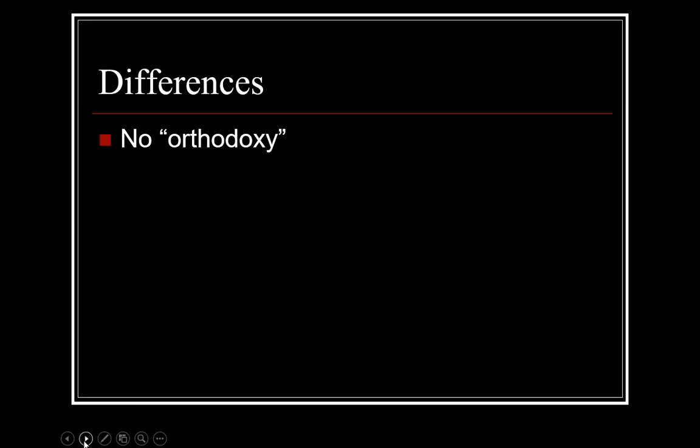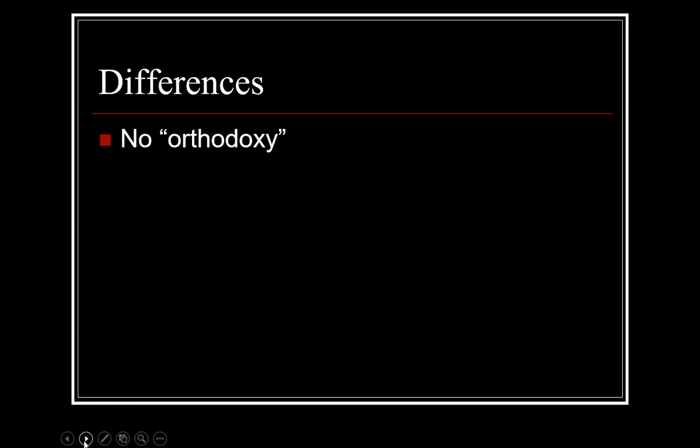Additionally, in a lot of African religions, there wasn't the same kind of sense of orthodoxy, there being a correct way to believe. Now, certainly by the 17th century, we have a multitude of divisions in Christianity, and their orthodoxies are quite different.